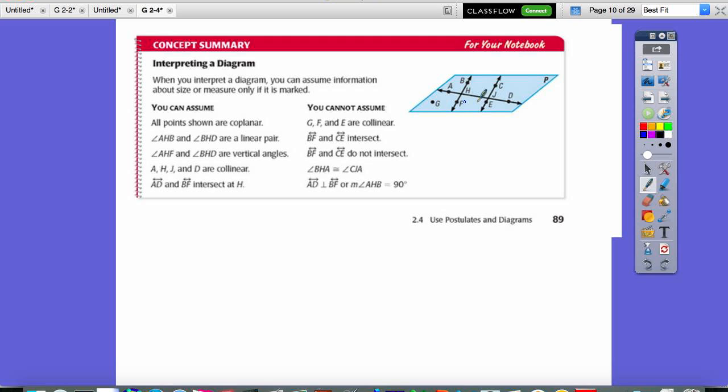Even though it looks like you can draw a straight line through G, F, and E, you can't assume that you can. BF and CE look like at some point they'll intersect, but maybe they do, maybe they're parallel. You cannot assume anything. You can also not assume that they don't intersect. You cannot assume that BHA is congruent to CJA.